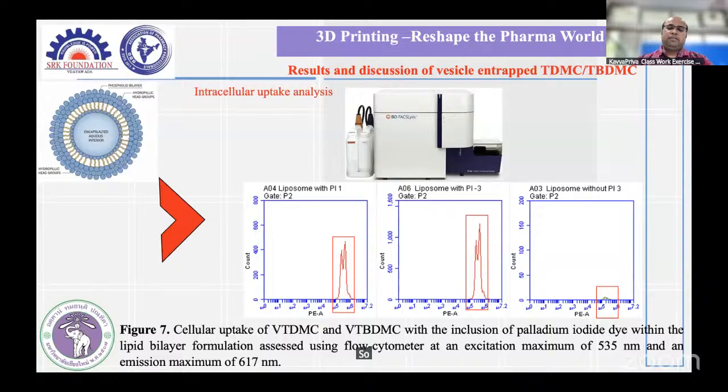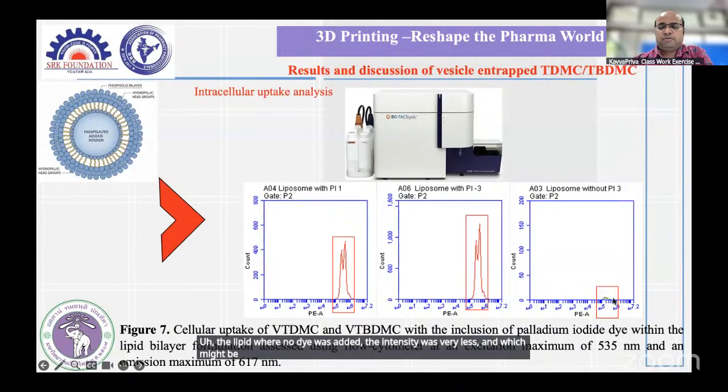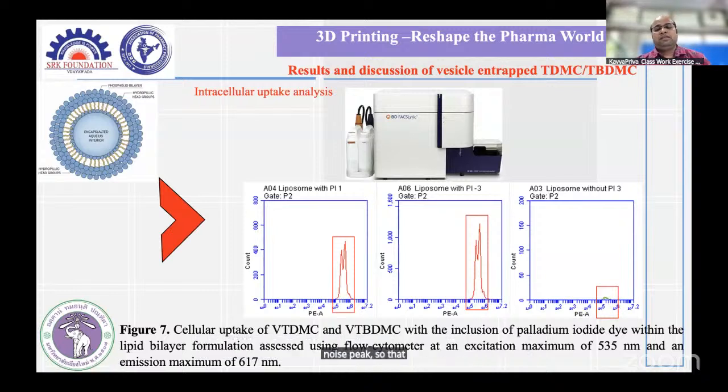We found that both tetra dimethoxy and tetra bis dimethoxy entrapped showed the dye intensity, while the lipid where no dye was added showed very little intensity, which might be because of noise peak. So that confirmed that yes, the preparation can reach within the cell.